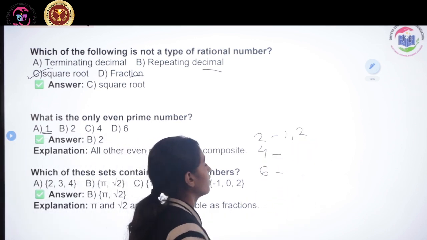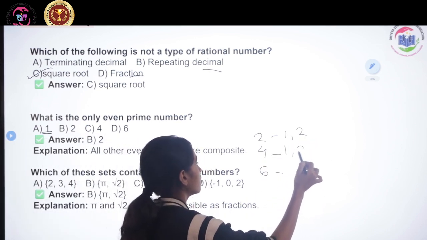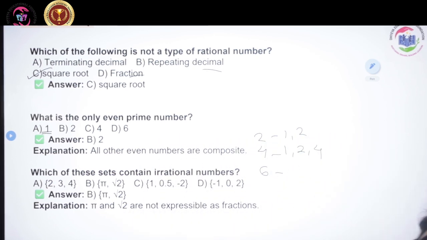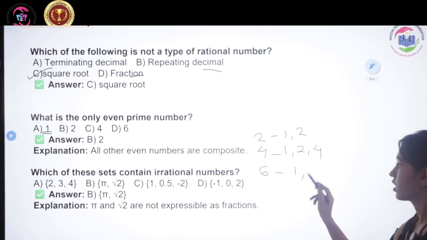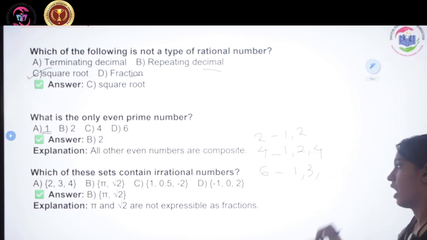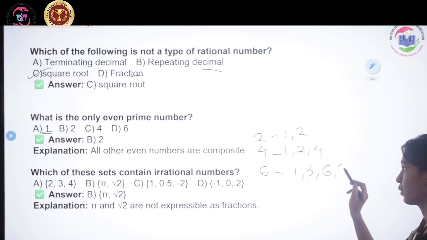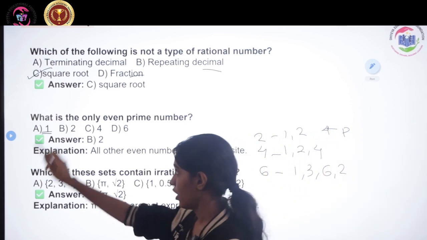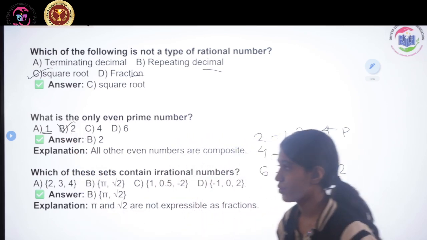The factors of 4 are 1, 2, 4. The factors of 6 are 1, 2, 3 and 6. Which one is a prime number? 2 is a prime number because it has only two factors, 1 and itself. Then option B is the correct option.